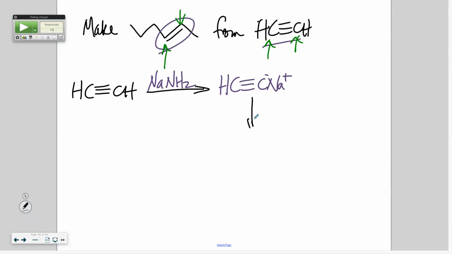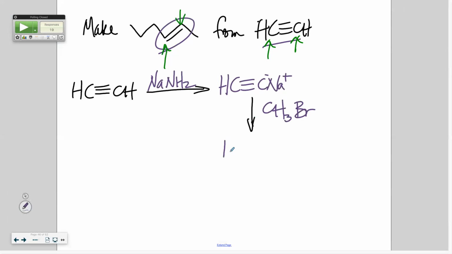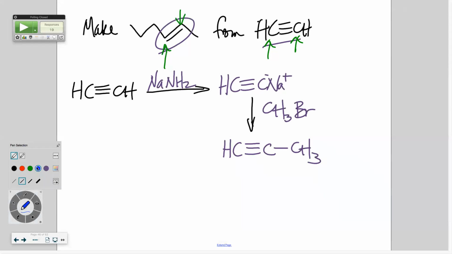Methyl bromide. Okay, so our nucleophile is going to go to the carbon, and what leaves? Bromine. So what does that give us? HC triple bond C, and then CH3.